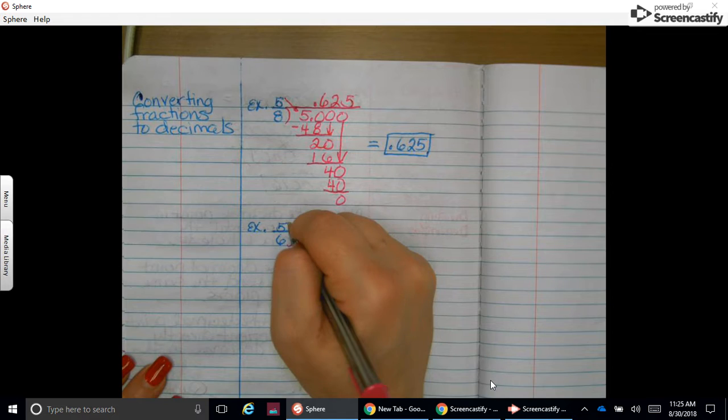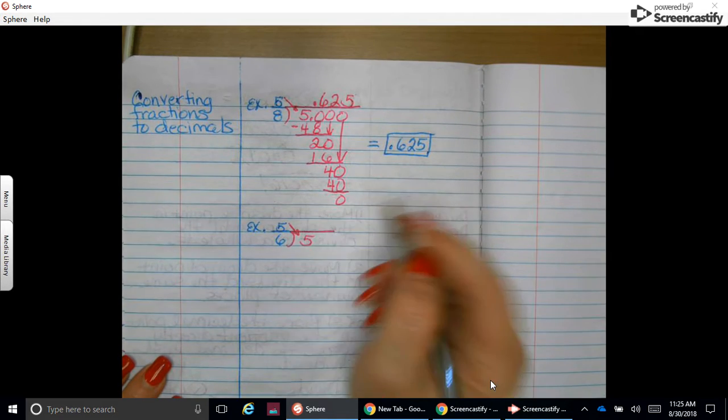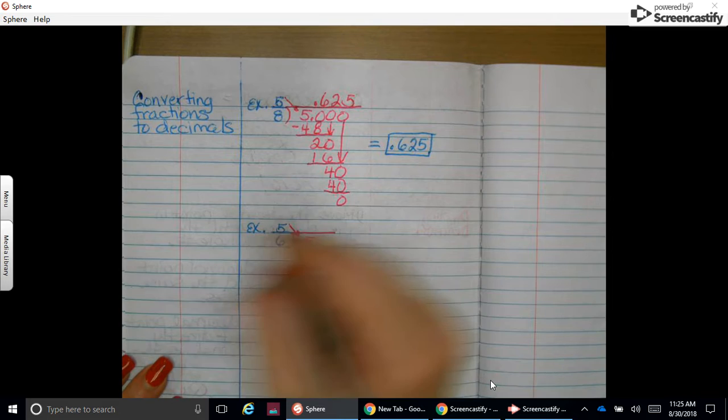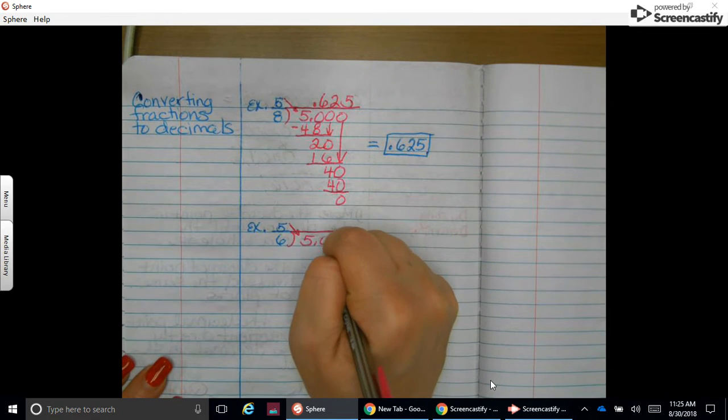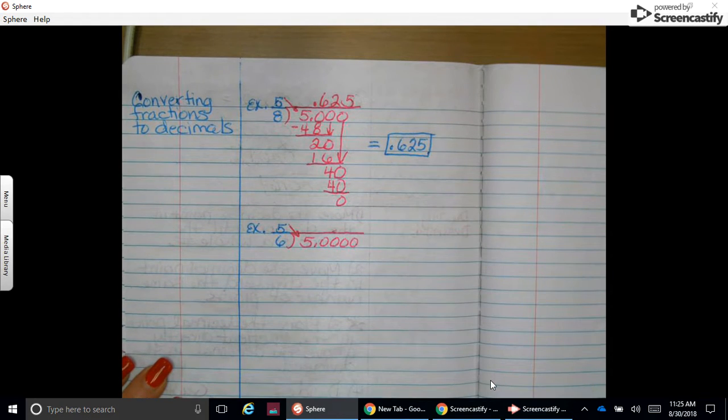And I'm going to carry 5 down, so it's my dividend. Six is too big to go into 5, so I'm going to put in a decimal point and some zeros as placeholders. So now I just start dividing.